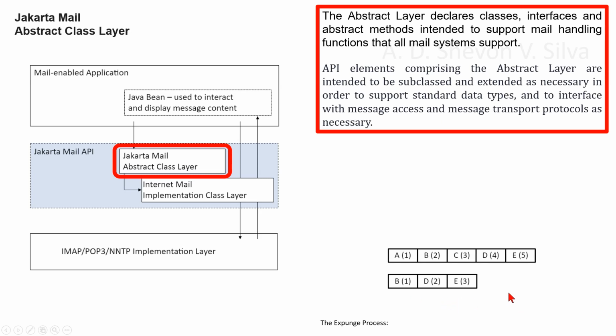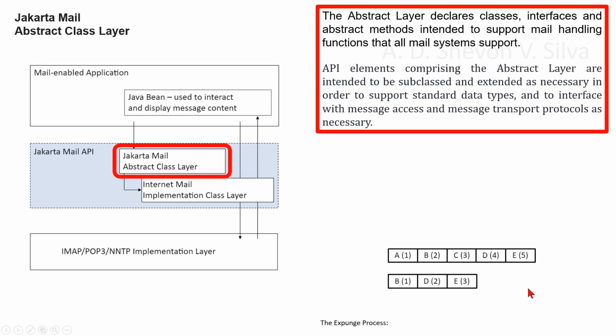Since expunging a folder can remove some messages from the folder and renumber others, it is important that the client synchronize itself with the expunged folder as early as possible. This section describes a set of recommendations for clients wanting to expunge a folder.